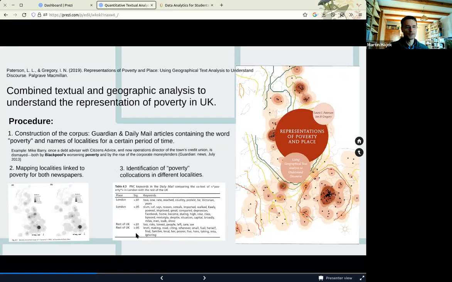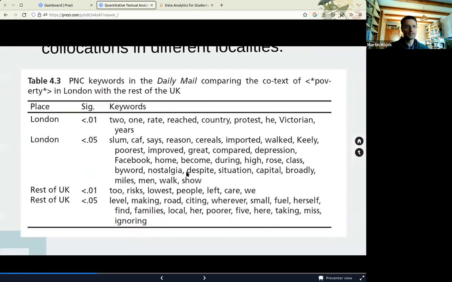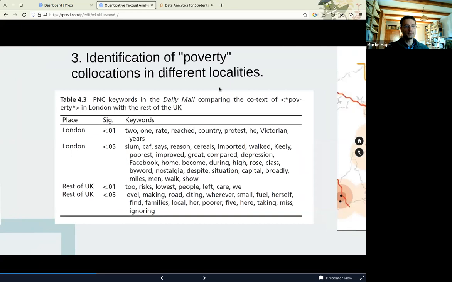And the second result is collocation analysis. It means which words co-occur frequently with the keyword poverty. And this is only for Daily Mail. And we can see that they extracted the most frequent words from articles that contained poverty and a locality.